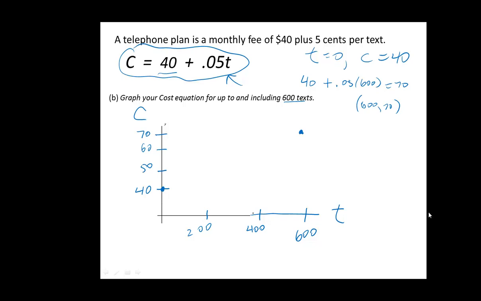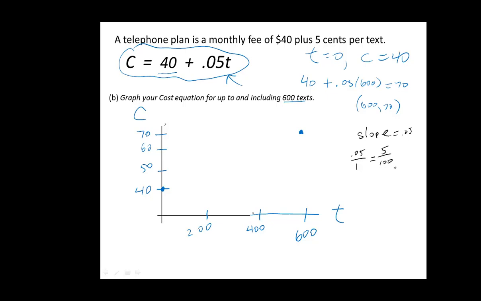Now I could find another point the same way I did this one, or I could think about my slope. As we mentioned, the slope is 0.05, that's 5 cents per one text. If I multiply top and bottom by 100, I would get 5 per 100.